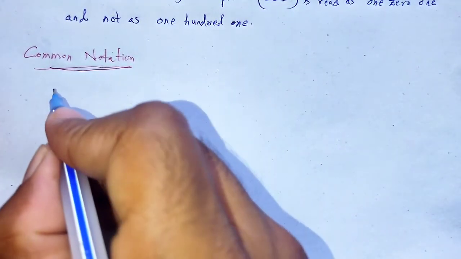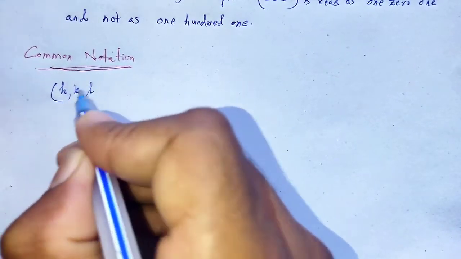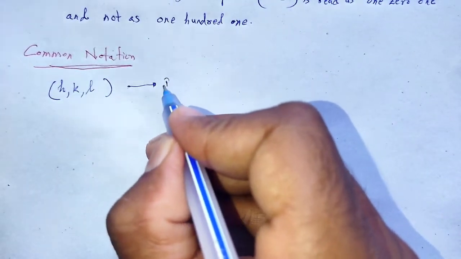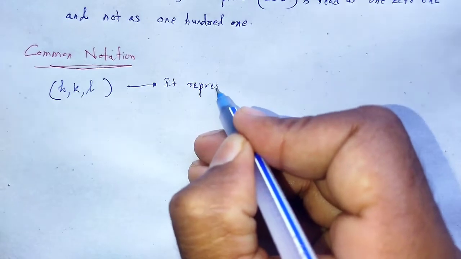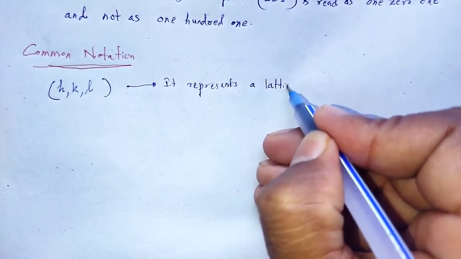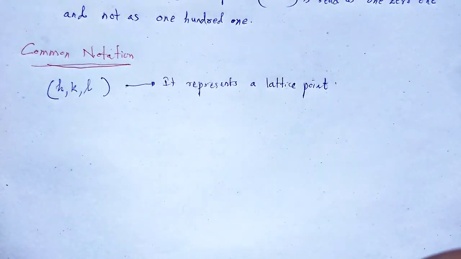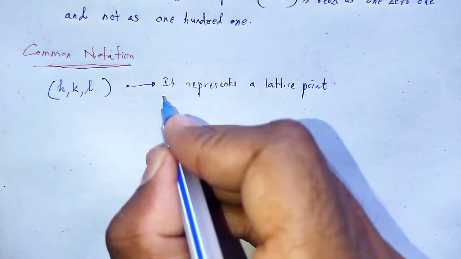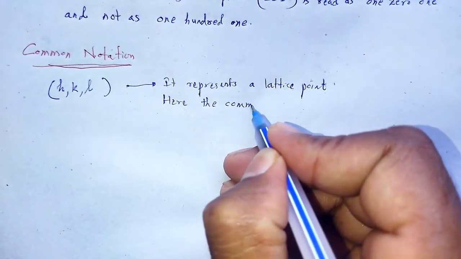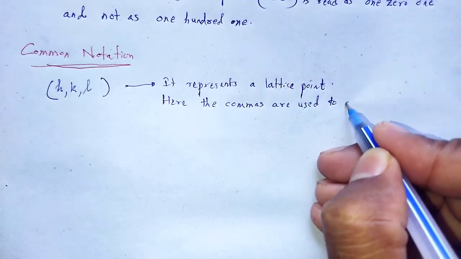When we write h, k, l with commas, it represents a lattice point. Here the commas are used to signify the points.